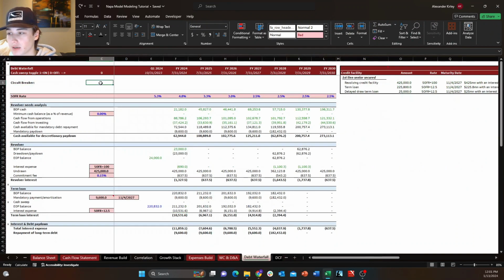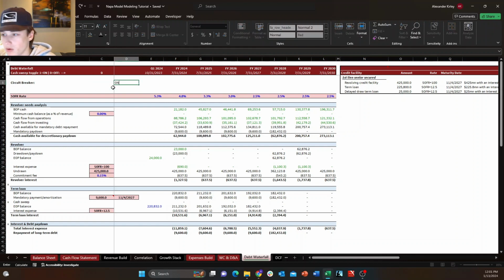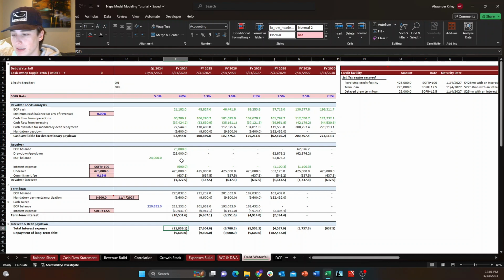our circuit breaker. So I'm going to have this do on and off. The whole point of a circuit breaker is that it allows me to reset my model, to set my circular reference to 0, therefore erasing the circular reference.